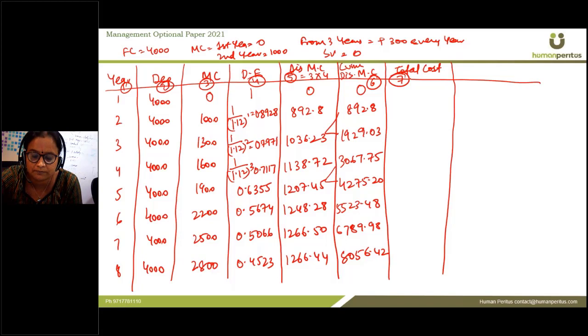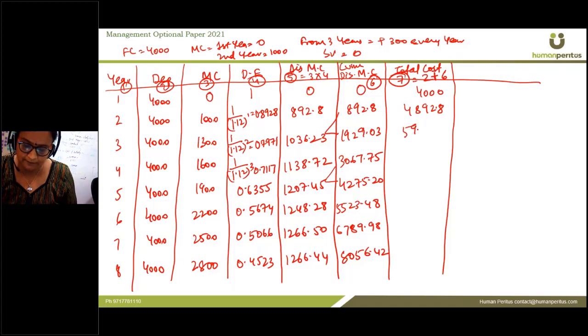So the seventh column is the addition of 2 plus 6. Okay, so 0 plus 4000 is 4000. So at every level we need to add rupees 4000 to the value of cumulative discounted maintenance cost. So 4892.8. And this is going to be 5929.03.